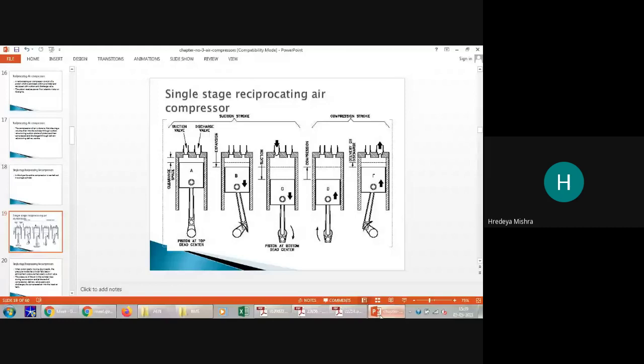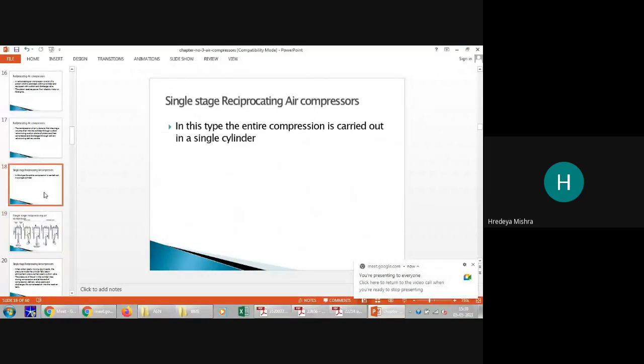Air is compressed. Yes. Sir, your screen is not visible. Okay, just a minute. Just wait. Sorry. How much time has my screen not been visible?